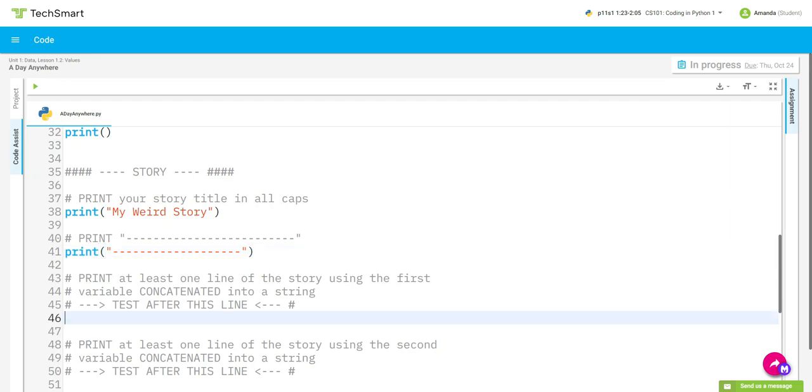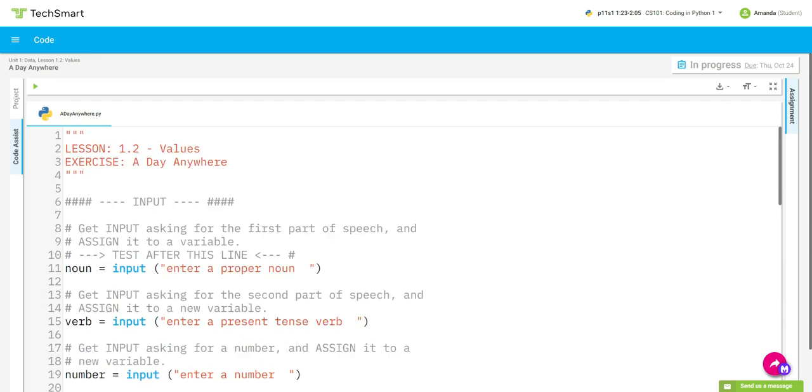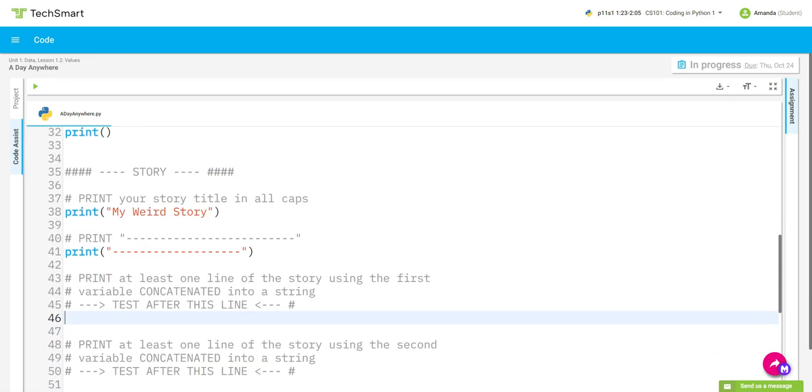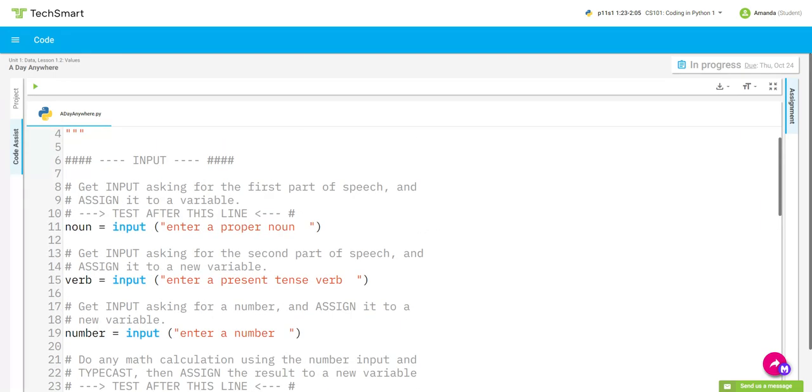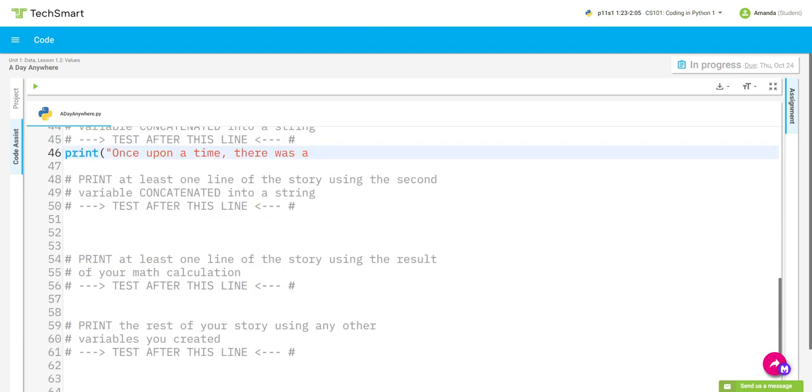Okay, so here's where I've got to think about what I'm going to do. So I first asked for a noun. So I'm going to go print. Once upon a time, there was a, and I asked for a proper noun.